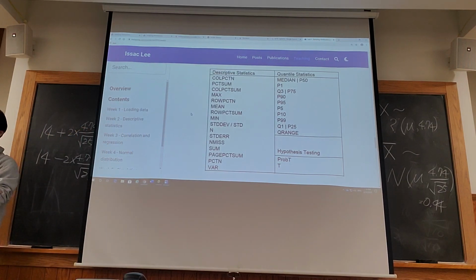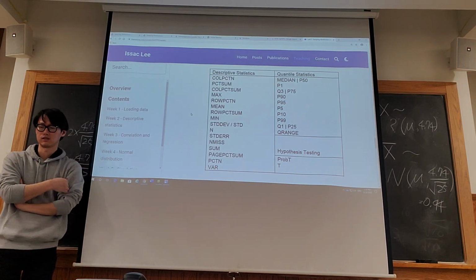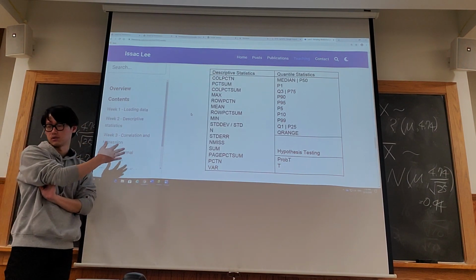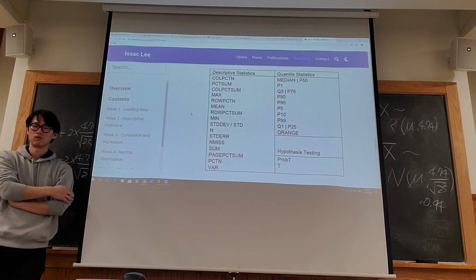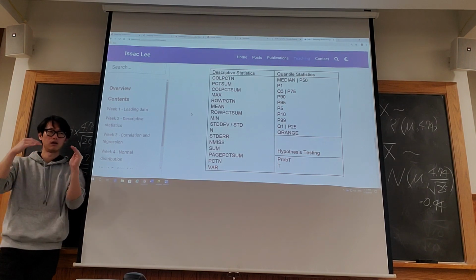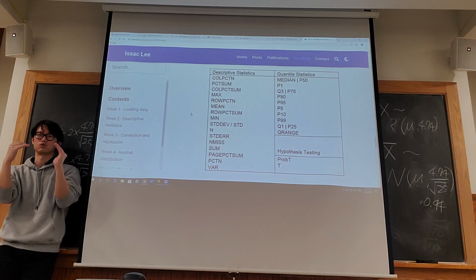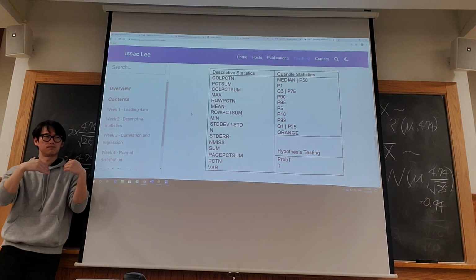If I choose another option, it will calculate that statistic. We can choose descriptive statistics and quantile statistics too. So by using this, you can make a contingency table which will give you the 5-number summary per group. Okay.